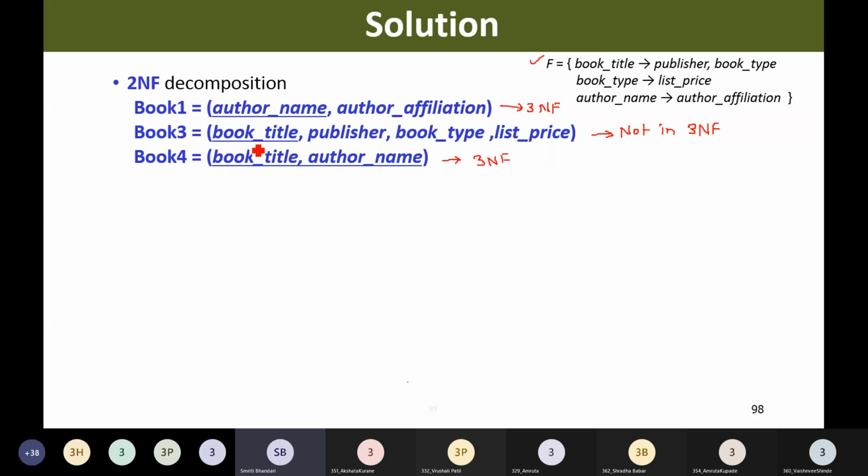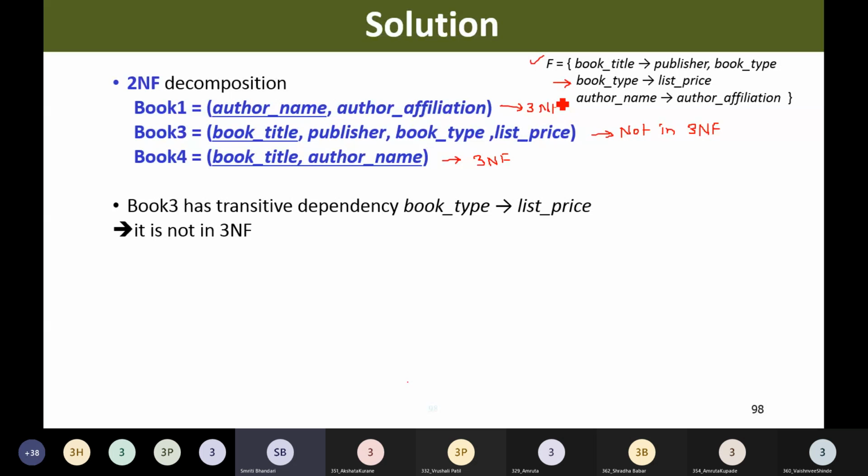See here, we have the dependency book title determining publisher and book type, and book type is determining list price. So list price is transitively dependent on book title because this dependency exists, book type to list price.